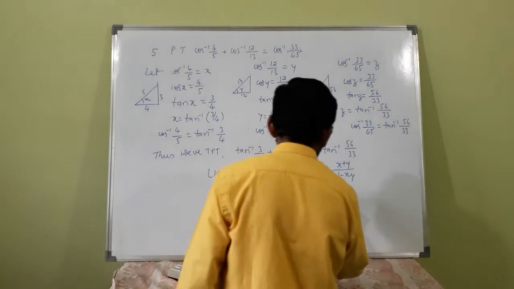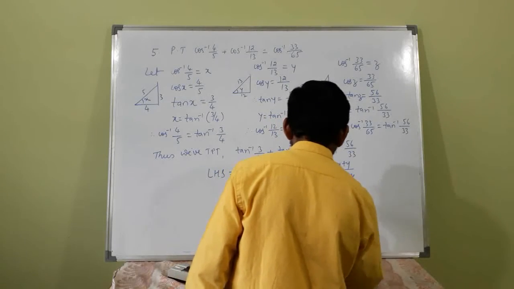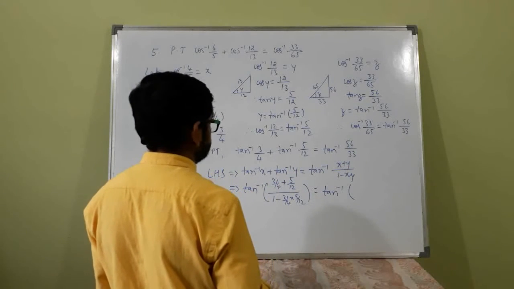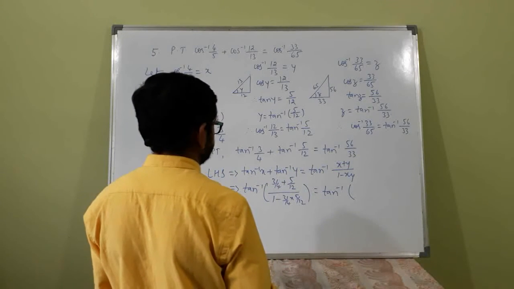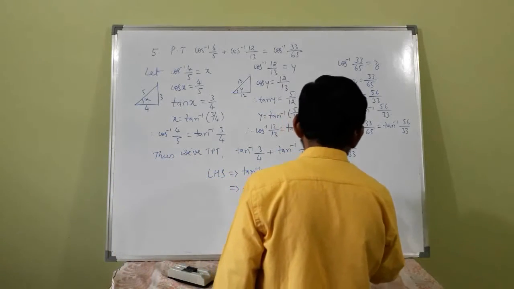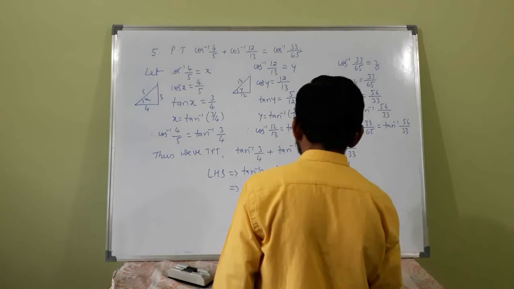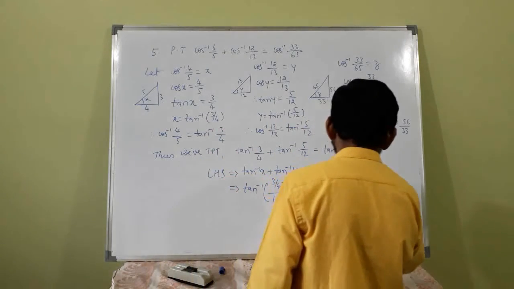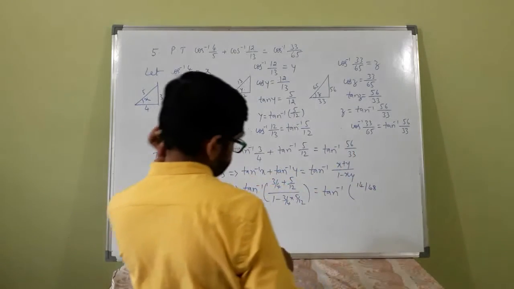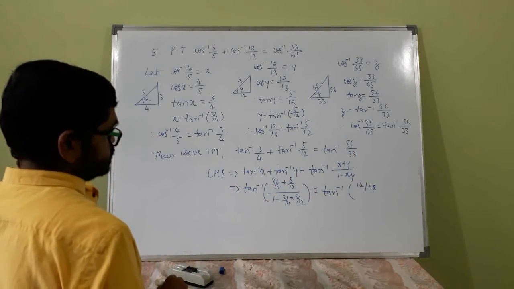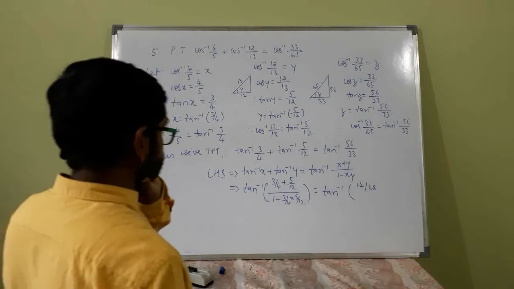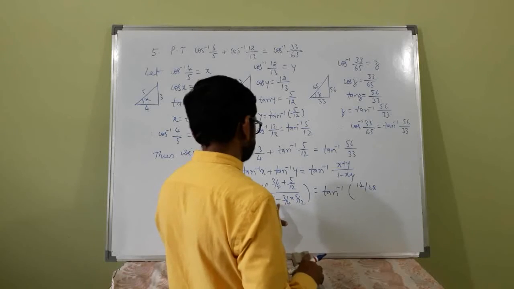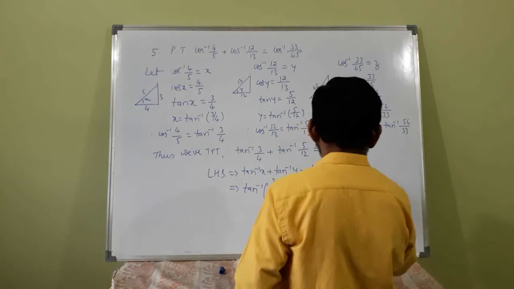Tan inverse of, this is 9 plus 5, that is 14 by 48, isn't it? 4 3s are 9. Okay, let us do one thing. This is 48, so make it 48 only.